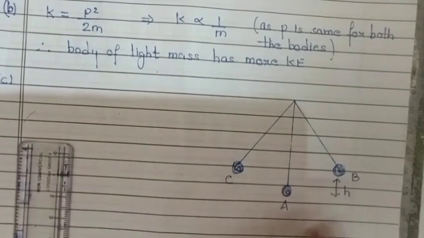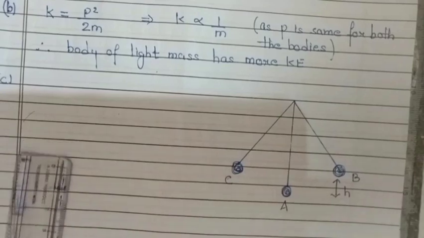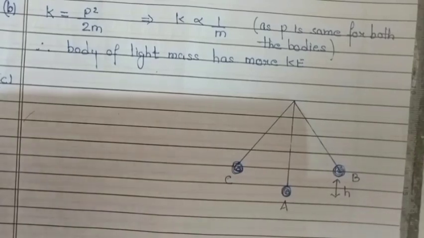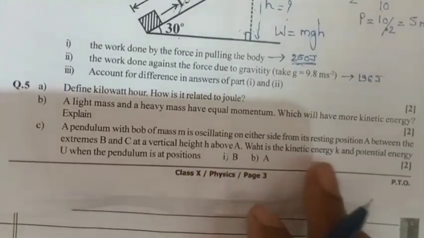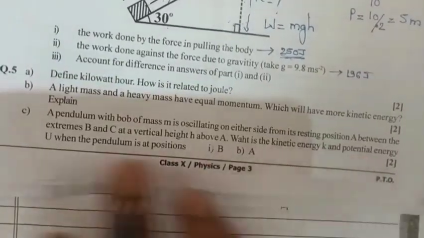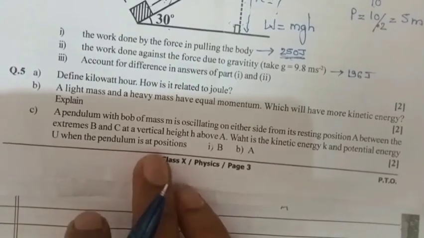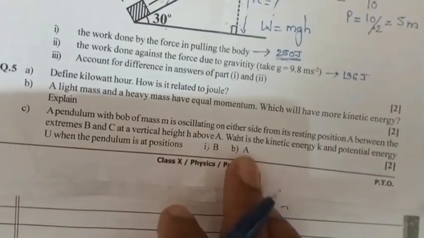The mass of the pendulum is given as m. Now the question says, what is kinetic energy K and potential energy U when the pendulum is at position B and A?